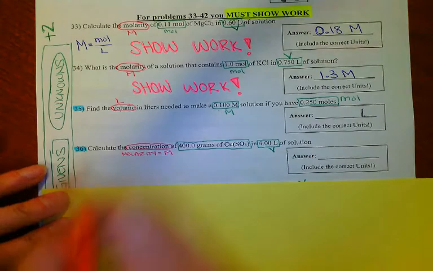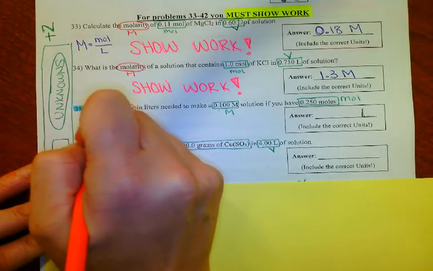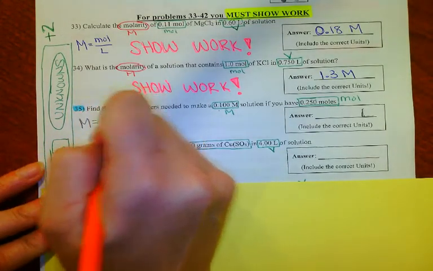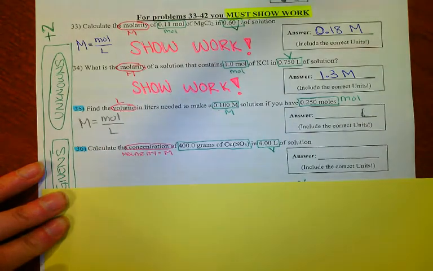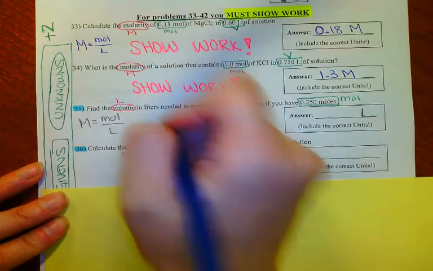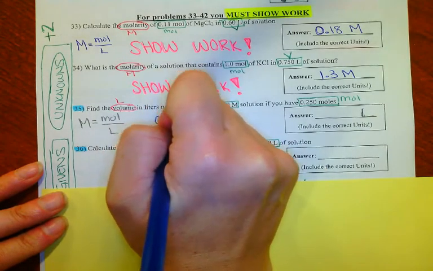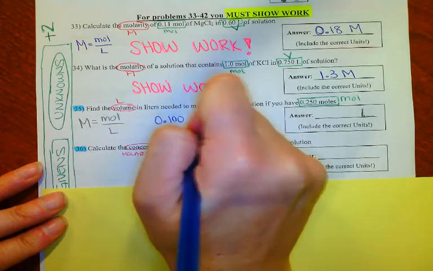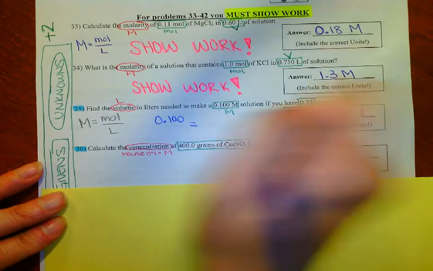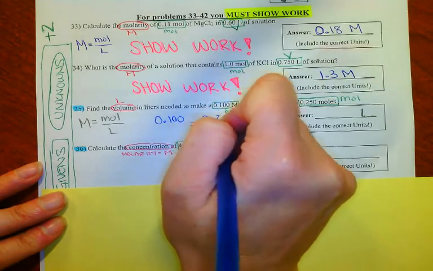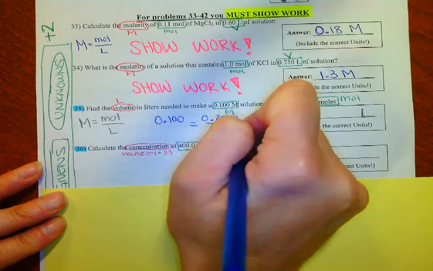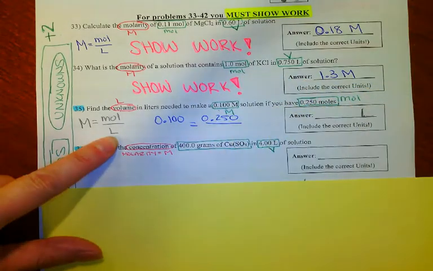Okay, so the equation I'm going to pick is molarity equals moles over liters. Okay, I can plug them in where I know what my M is. 0.100 equals moles over here, 0.250 over liters, which I don't know.